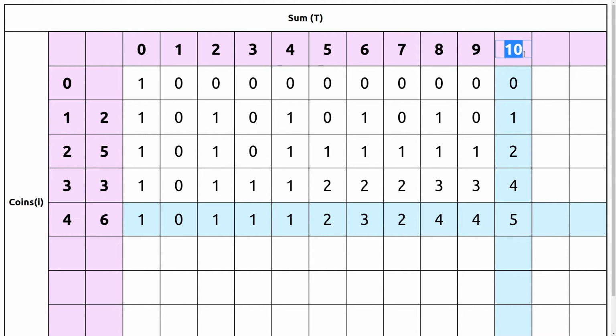So 10 minus 6 will be 4. So we were looking at some previous column and just adding this with the value from the previous row. If you look at this, we were not using any other values. Whenever we are finding, we were only looking at the previous row value and the current row value. Some previous column, but the same row.